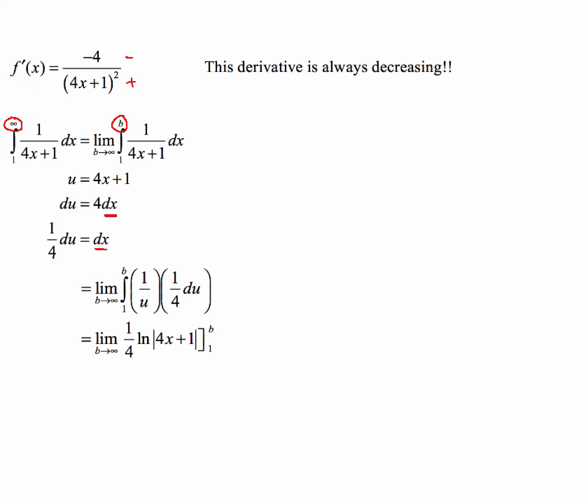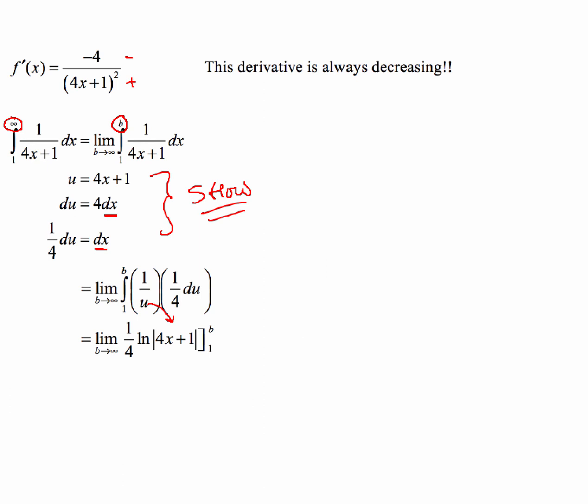Now we're going to back substitute 4x plus 1 in for u. When you do your u substitution, make sure that you show that, because you've got to make sure you show the person who's reading your paper what substitution scheme you used. So make sure you write all that in there.